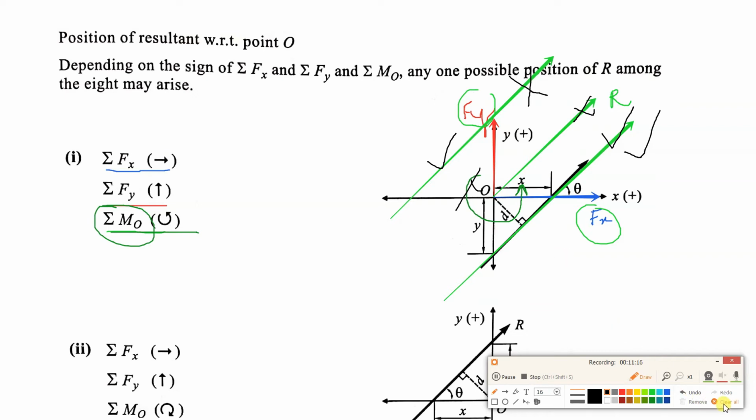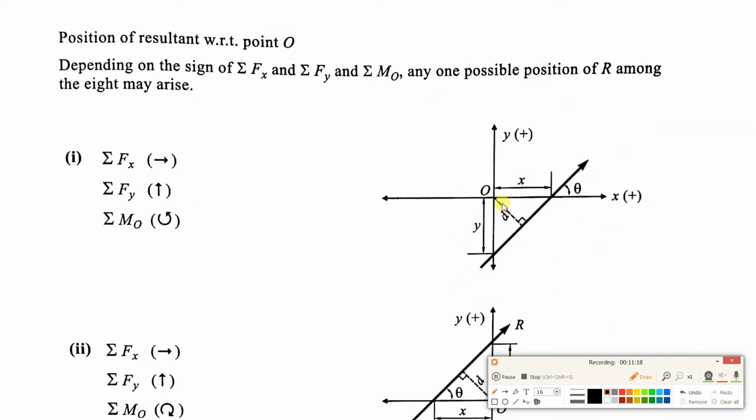Now we have seen that when we are using Varignon's theorem, we calculate three things. One is d, next is x, and next is y. What is d? Perpendicular distance of resultant from point O. So here you can see d has been shown. Next one is x. What is this x?